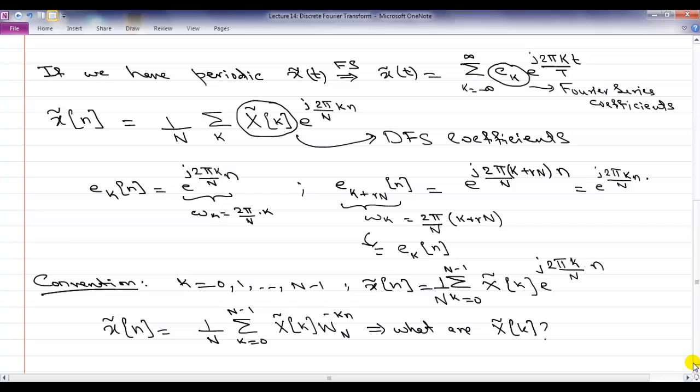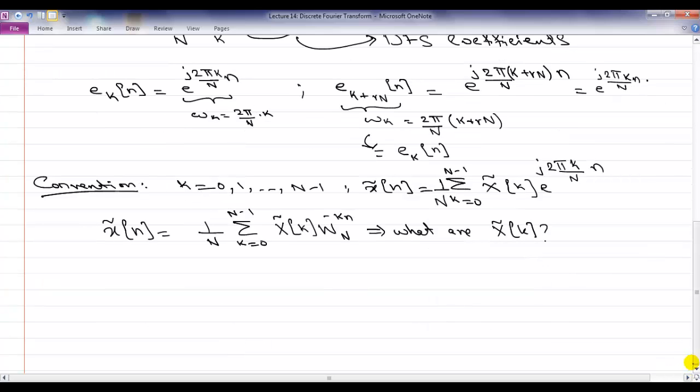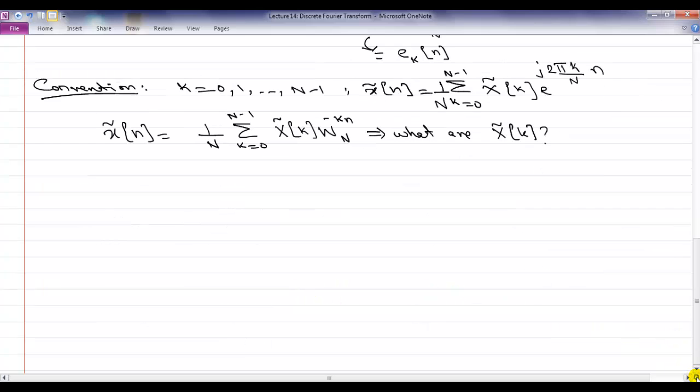Now, to compute that, we just rely on the orthogonality of the harmonics.